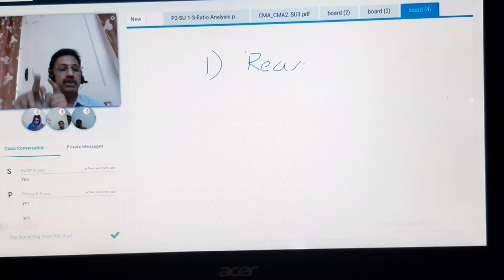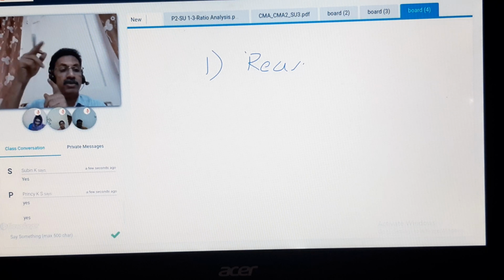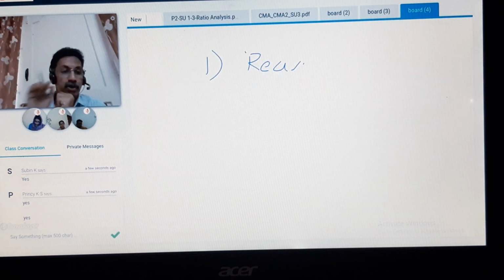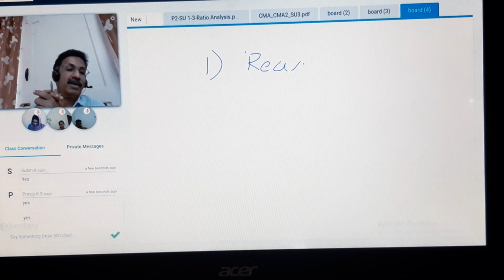Then I explained the concept of cash cycle and how it is different from operating cycle. When you subtract the vendor's credit period from the operating cycle, what you get is the cash cycle. So cash cycle is the net operating cycle. Cash cycle can be called the net working capital cycle. Similarly, operating cycle can also be called the working capital cycle.